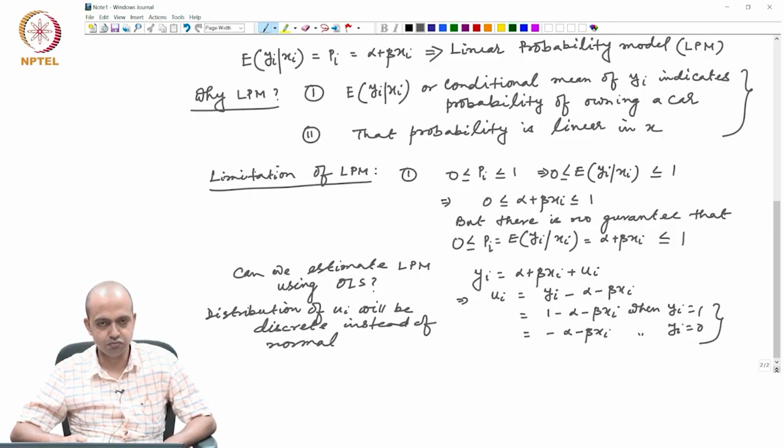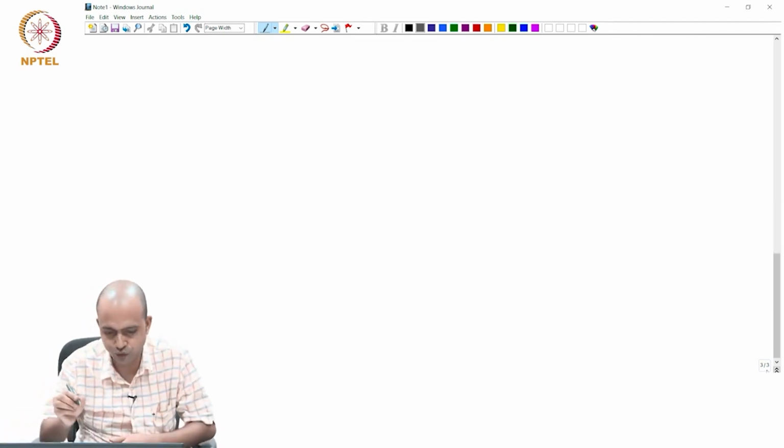So, this is the problem, and to overcome this, econometricians developed another model which is called the Logit model.